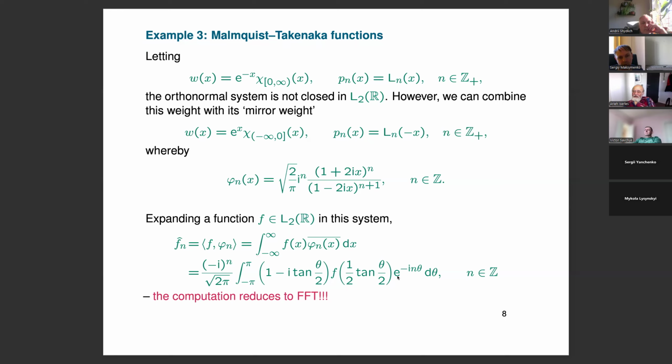And Fourier integrals can be calculated incredibly fast. So essentially, if you want the first m coefficients, it costs you only m log m operations to obtain it to incredibly high accuracy. So this is why this is a very interesting system.